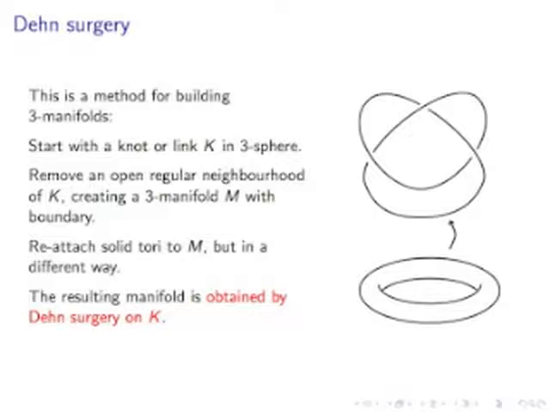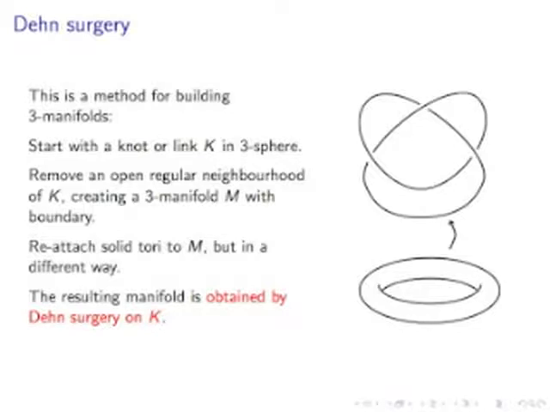So what are the different ways of attaching these solid tori? Well, the essentially different ways of reattaching the solid tori are parameterized by so-called slopes on the boundary of the neighborhood of K. So what exactly happens?